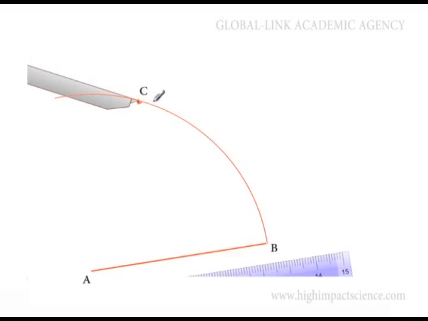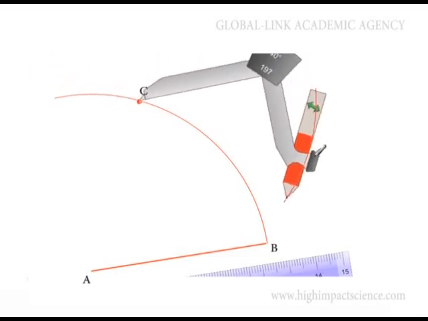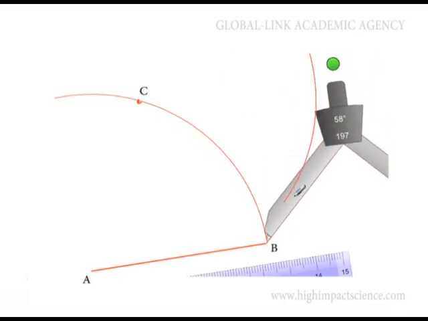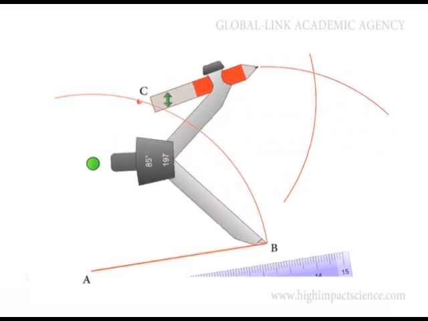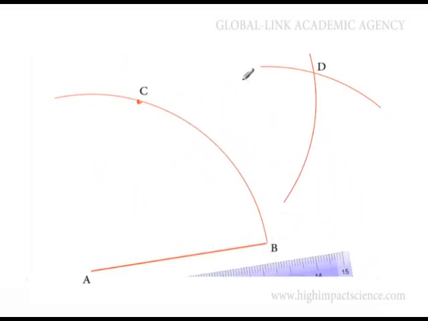I will mark C here and then create another arc. Then move the compass down to B and again draw another arc. I'm sure you can now already see the rhombus. Now we take a straight ruler and connect all the points to complete the rhombus.